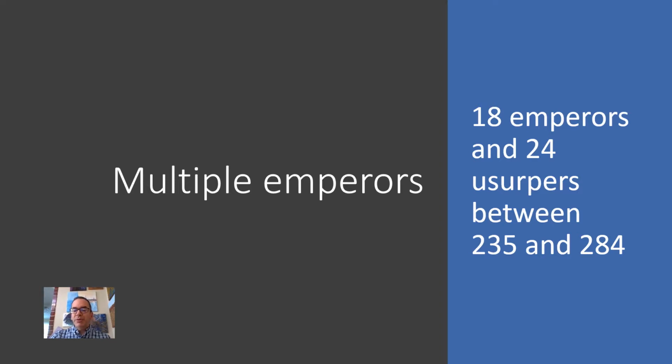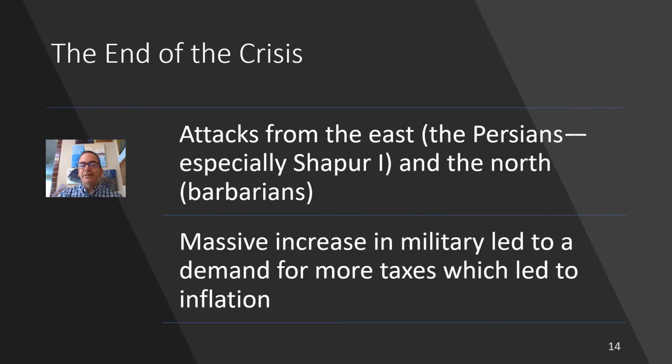A usurper is a person who comes in and wants to be emperor, but isn't in the legal line of succession. So you've got someone coming in, say in Britain, popping up as being the emperor, and the other emperor is sitting in Rome. The one in Britain would be the usurper, and then they would always fight.